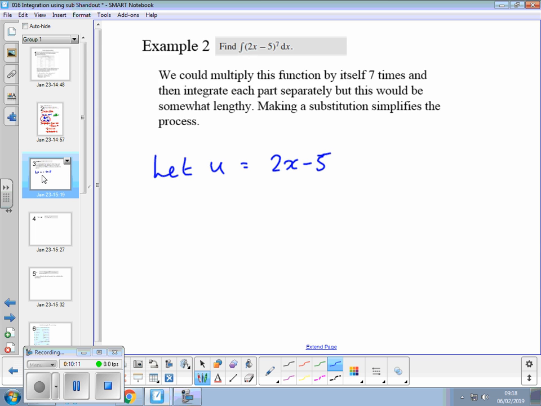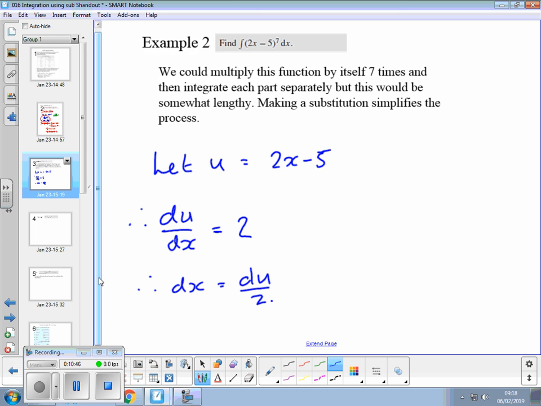That's what we're going to do. du/dx is equal to, differentiate 2x, we get 2. Differentiate minus 5, it disappears. Yeah. dx is equal to du over 2.